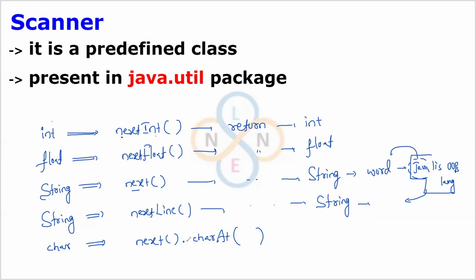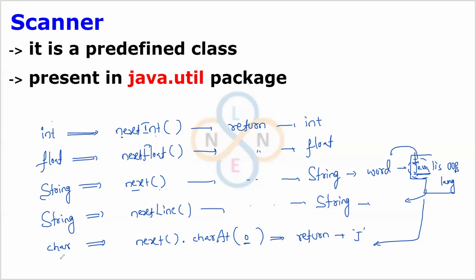For example, with the same input, if I give the index 0, then the string Java has J present at the 0th position. So this will return the character J. That's why the index is mandatory, otherwise it will be syntactically incorrect.